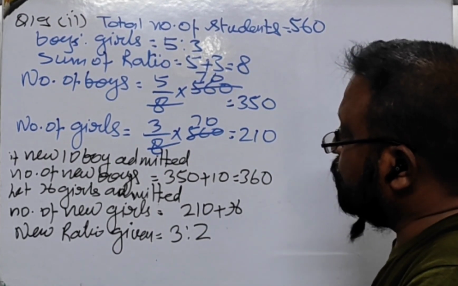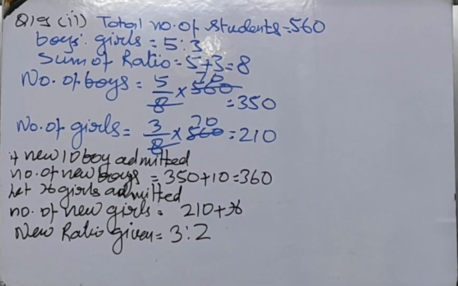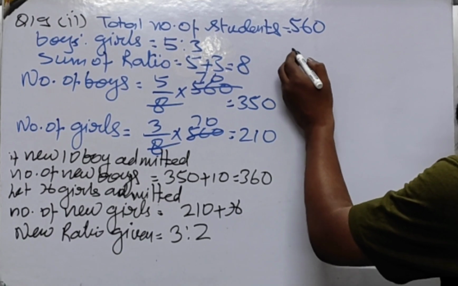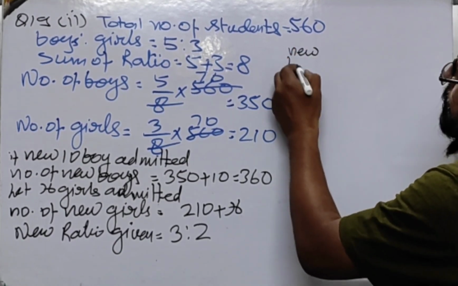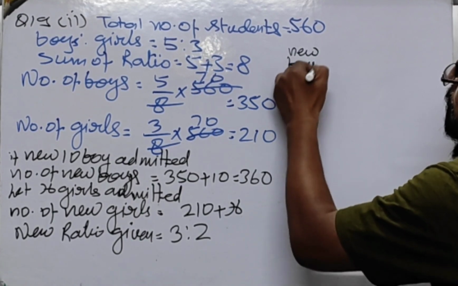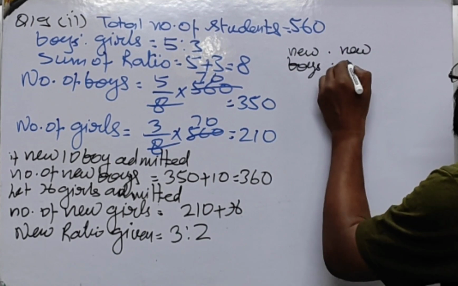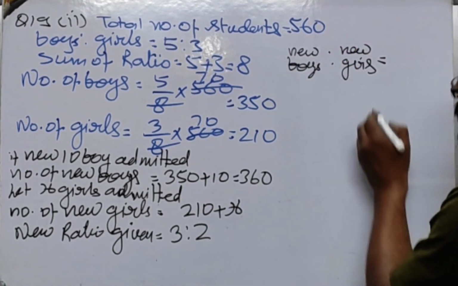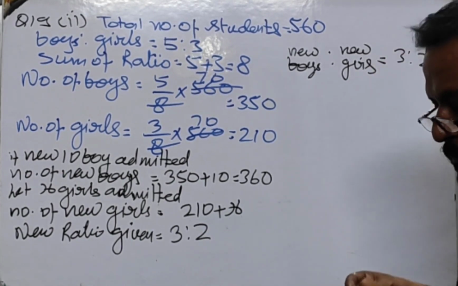So therefore, we can go like that. New boys ratio new girls is equal to 3 is to 2, right?